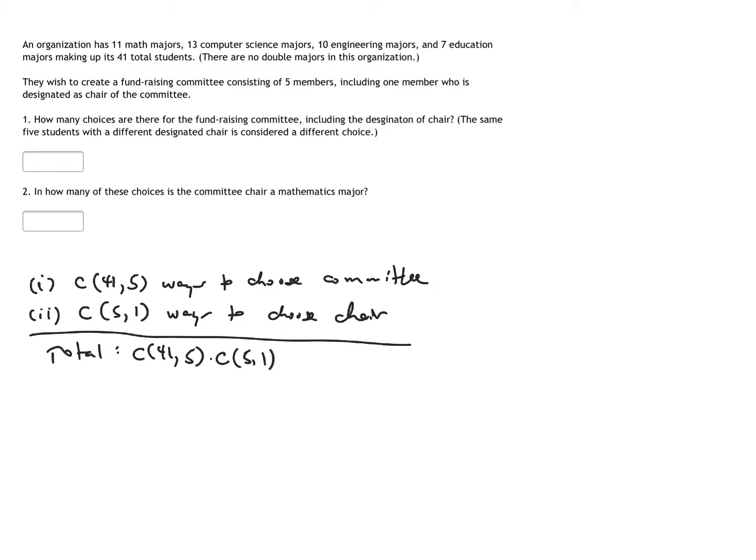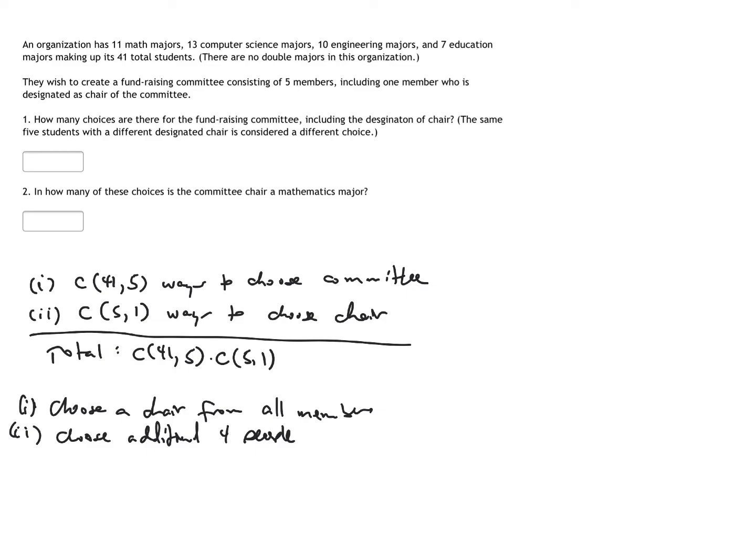Now, an alternate way of doing that would be to first have the club elect the committee chair as a special person. So choose a committee chair from all members, and then choose the other 4 people to serve on the committee with that chair.